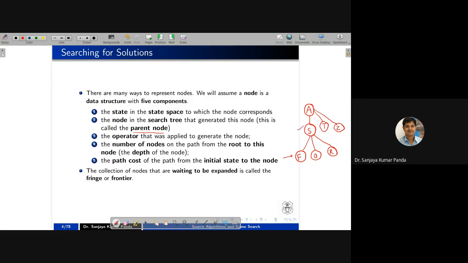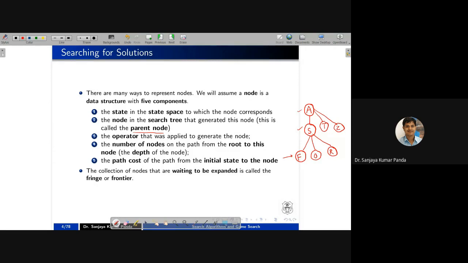First you explored A, then you explored S, then again you are going to explore F because your destination city is B. That's why it says the number of nodes on the path from the root to this particular node. In simple terms, we call that the depth of the node.